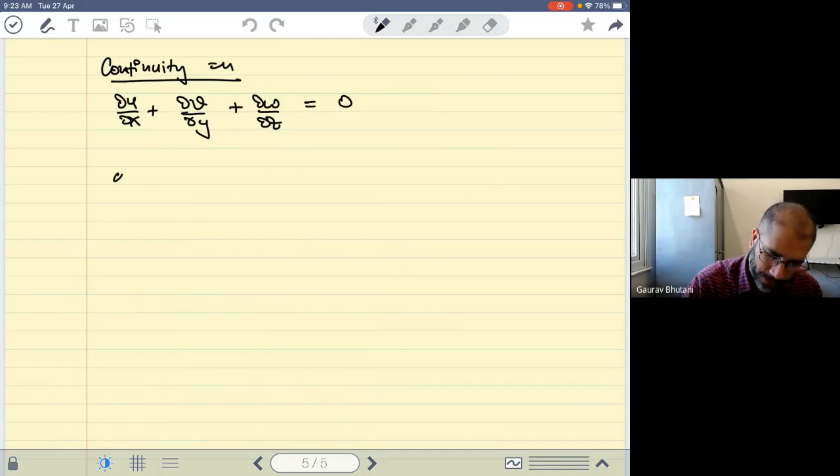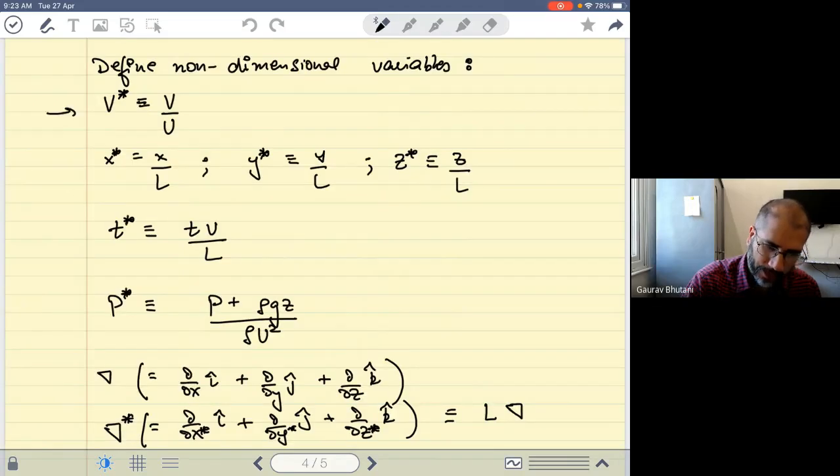The first term, which is del u by del x, we can write as follows.